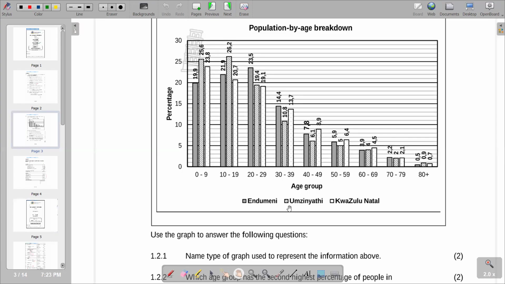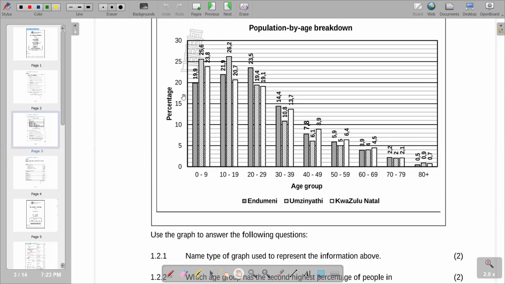So we try to identify which one has got the second highest, and you see that the highest is here on 10 to 19, where we have got 26.2. Then the second highest is on 0 to 9, where we have got 25.6.